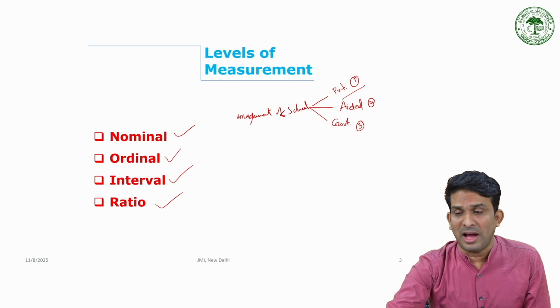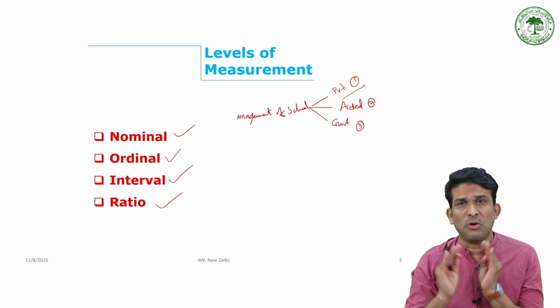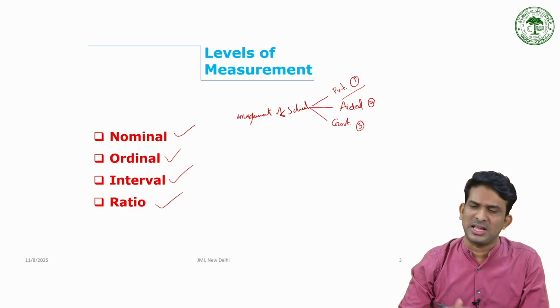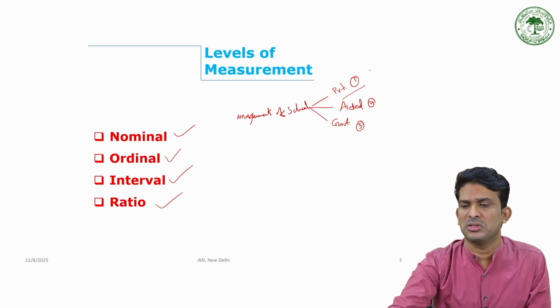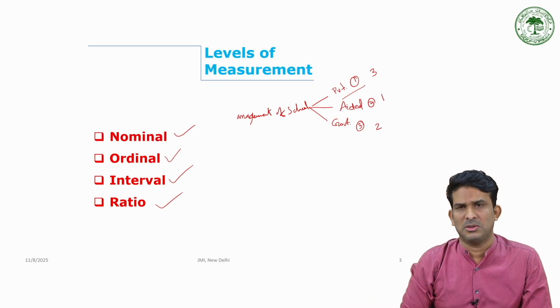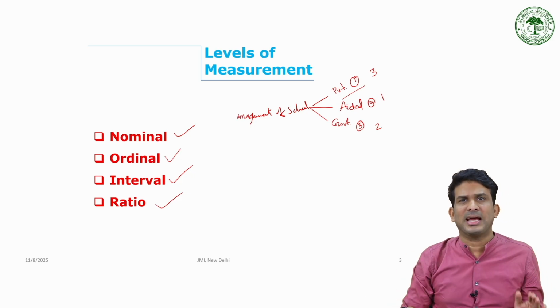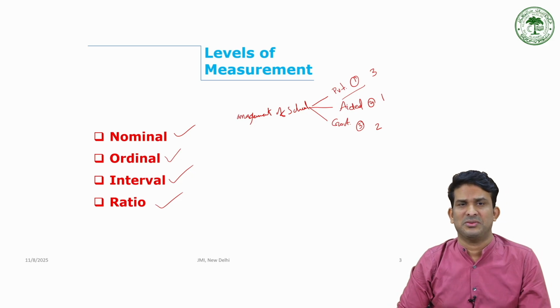Private having number 1 is not a value rank. Just for classification, I can put it in the reverse order also: this can be given 3, this 1, this 2. So this is simply categorization, classification.